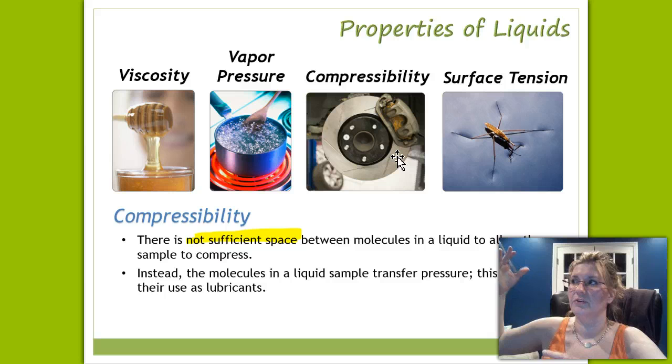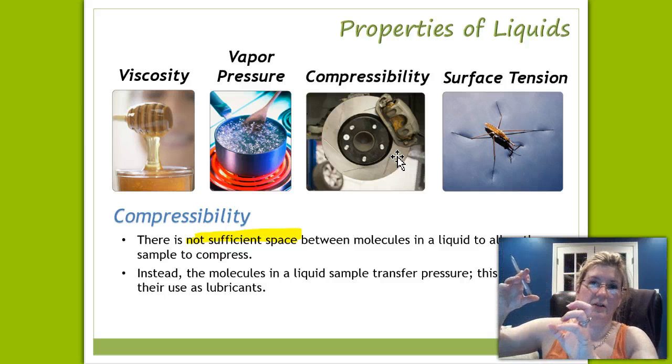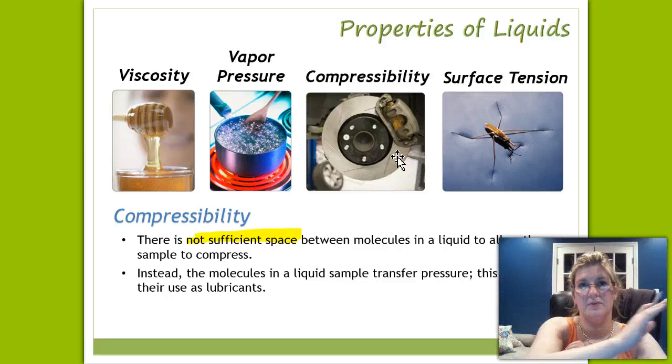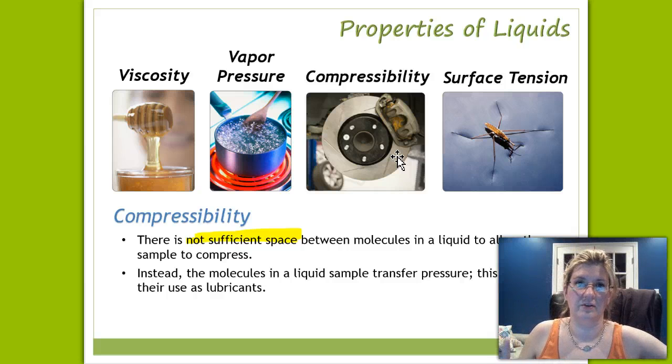So this molecule over here feels pressure, and it'll just transfer that pressure energy to another molecule rather than squeeze in on it. Somehow that energy just gets moved, and it's sort of like a domino effect. It'll pass through, and the other side of the sample will feel the pressure and exert it onto the other object that it's touching, and that's why they work so wonderfully for our brakes.